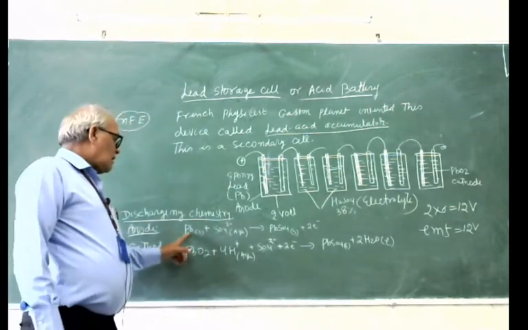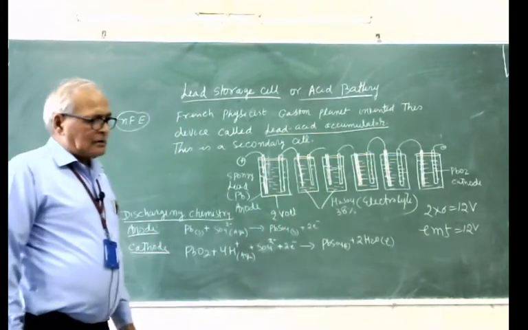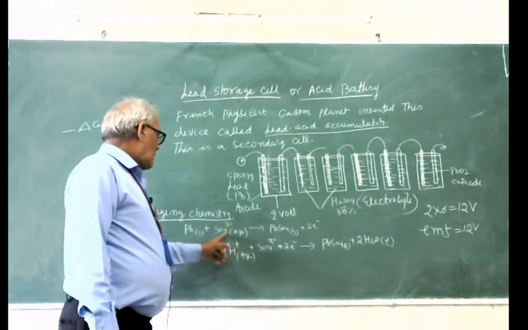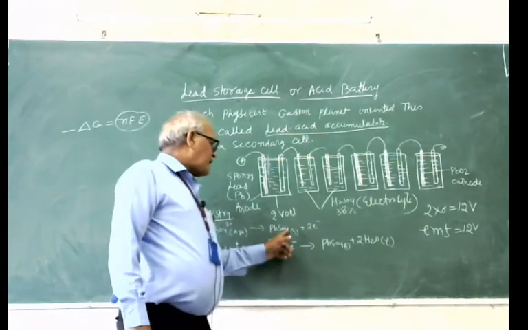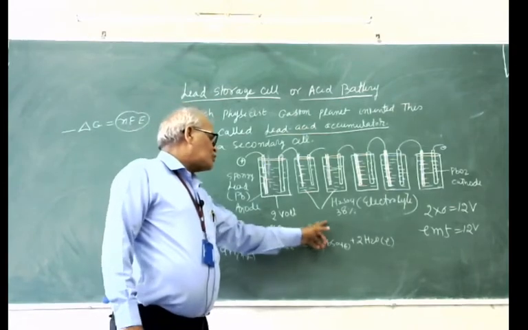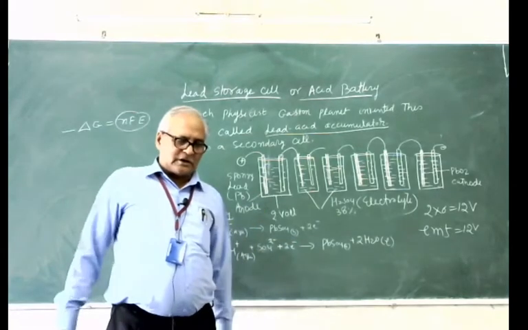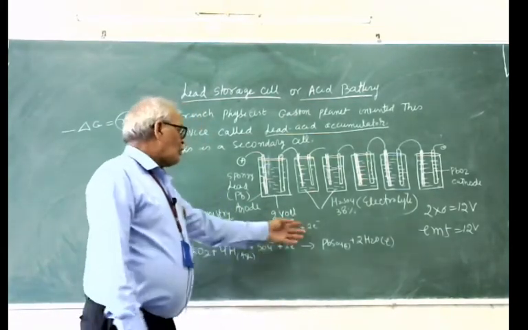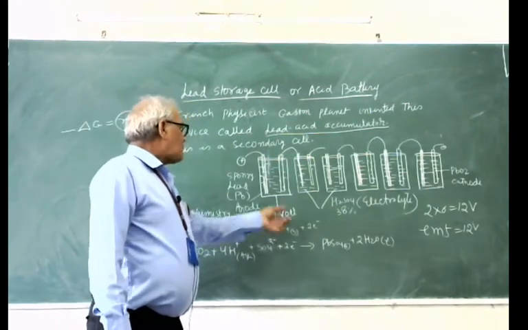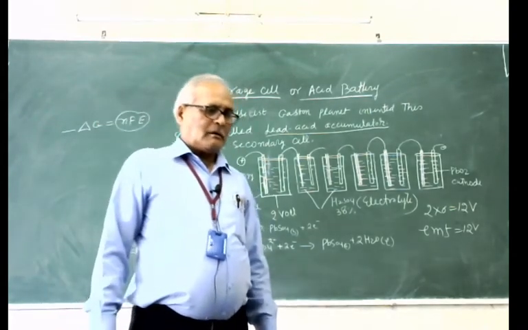So lead and sulfate ion, provided by the sulfuric acid, react together to give lead sulfate, which is solid, and two electrons are released. Flow of the electrons is the electrical current. So electrons will flow through the outside circuit. This lead sulfate deposits over the electrode.